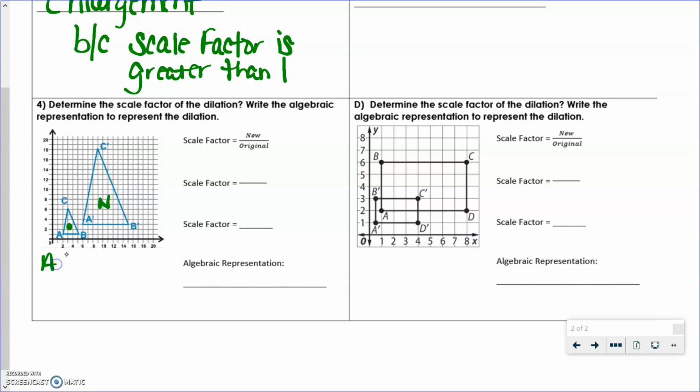So A is 2, 1. And then A prime is 6, 3. B is 5, 1.